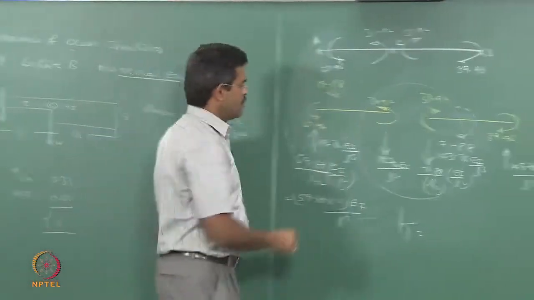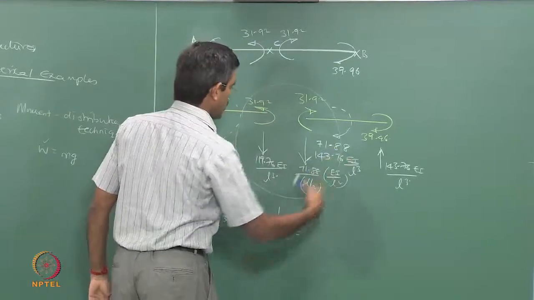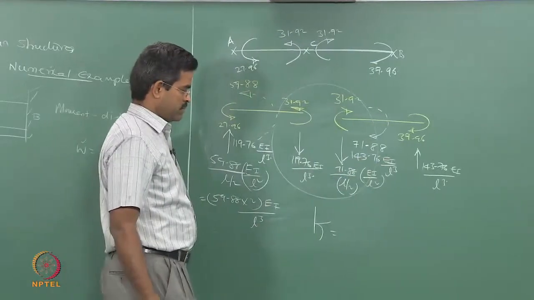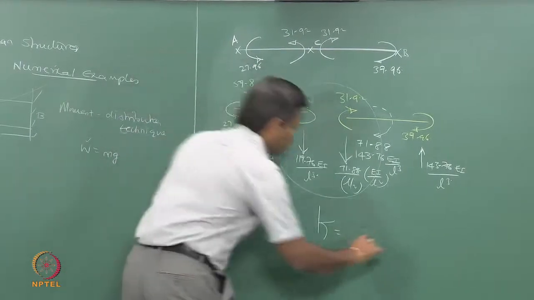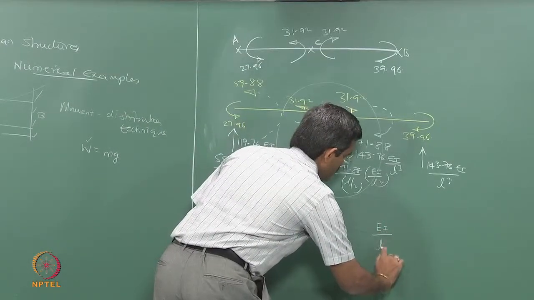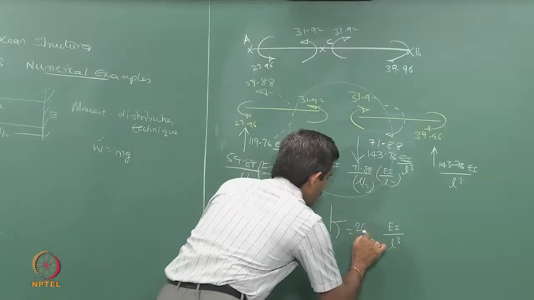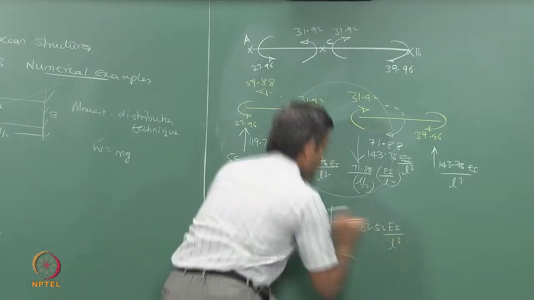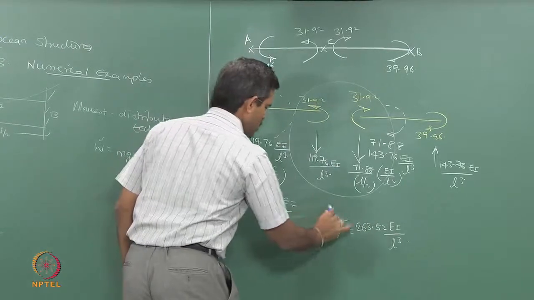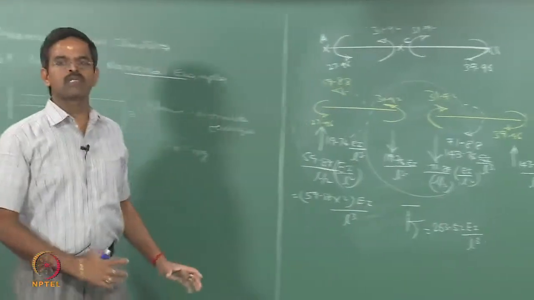So, how much is the total? 119.76 plus 143.76. So many EI by L cube. How much? 263.5. Yeah. Okay, I can put K bar, which indicates equivalent stiffness.